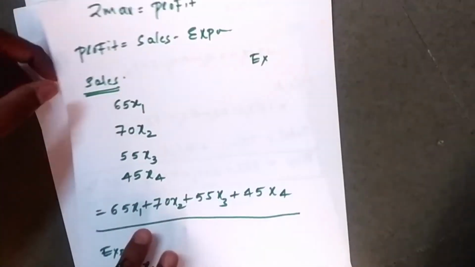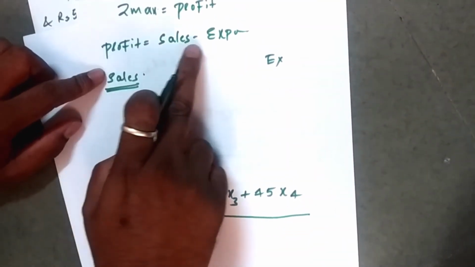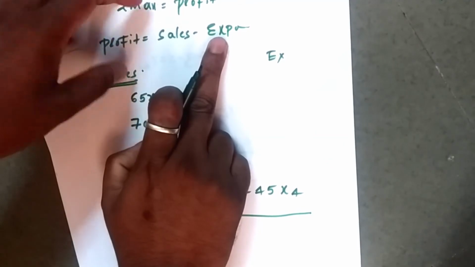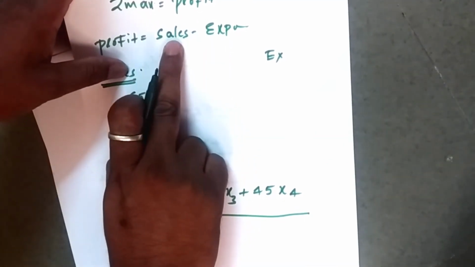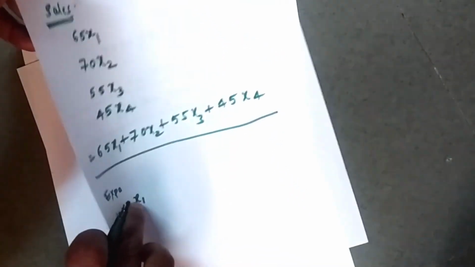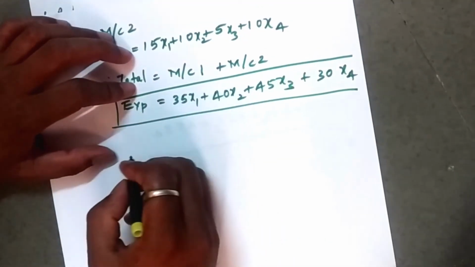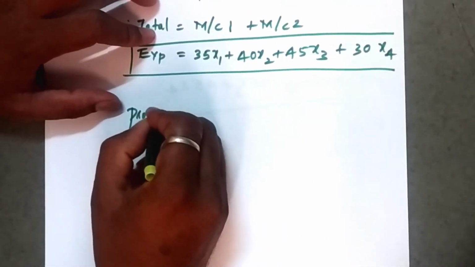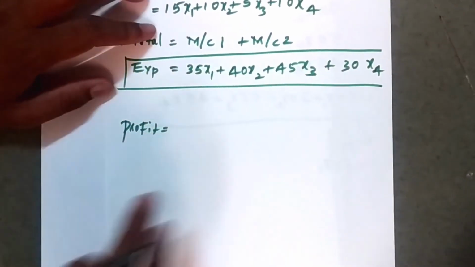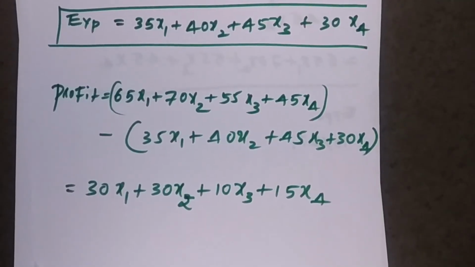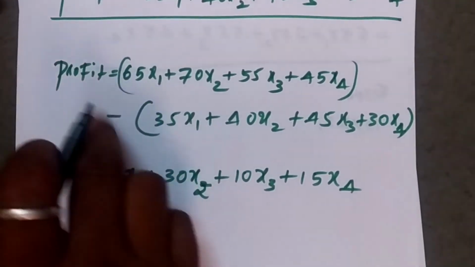Now what is the equation? Profit is sales minus expenditures. So I have to subtract the expenditure equation from the sales equation. So my profit is equal to... so now lastly the profit is nothing but what?